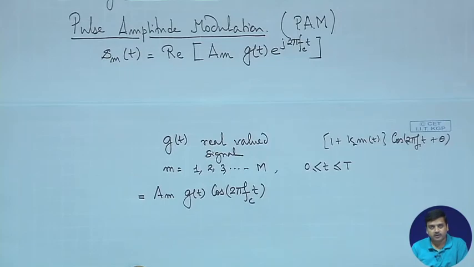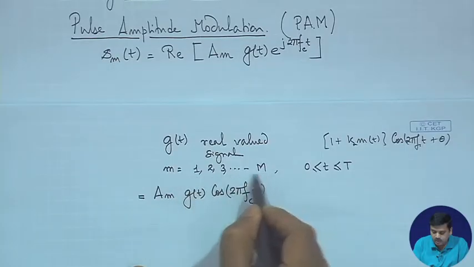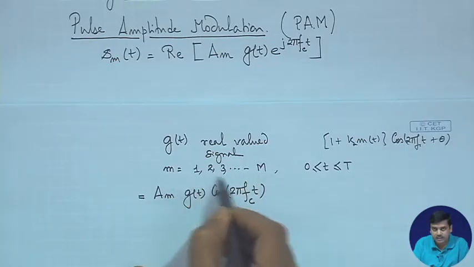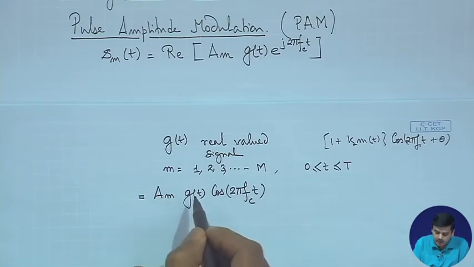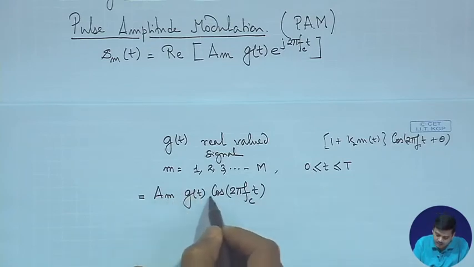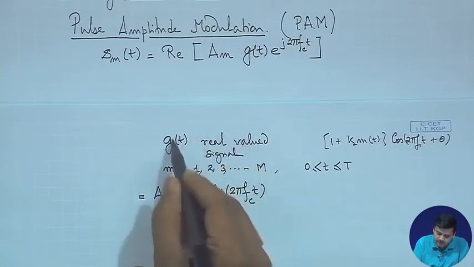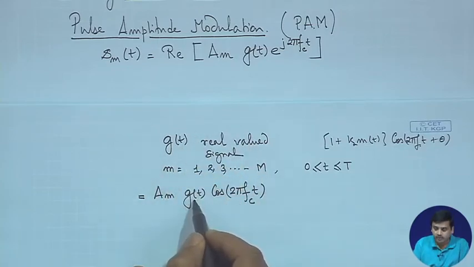The difference with amplitude modulation is that you have amplitudes with certain possibilities. You select one particular amplitude, and this selected amplitude is further shaped by a waveform, which is known as the pulse shape.